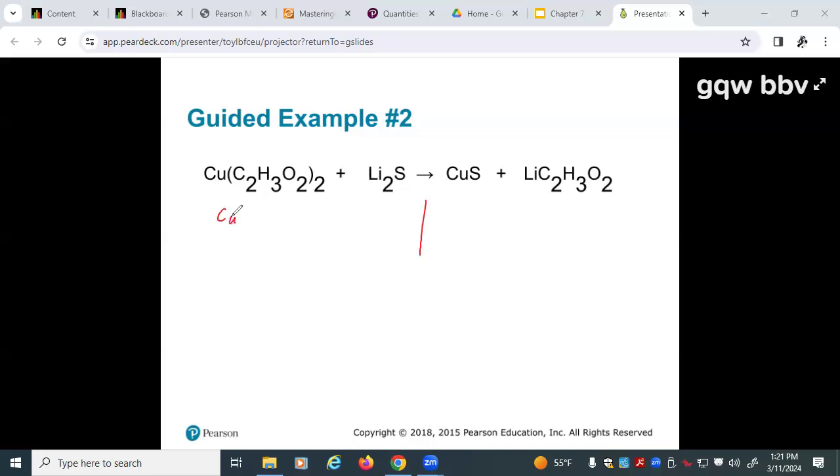Well, quickly, we could do a little bit of atom math here and see that, yes, copper has one each, but I've got two acetates on this side and only one on this side. I've got two lithium on this side and only one on this side. Sulfur is, in fact, still balanced.